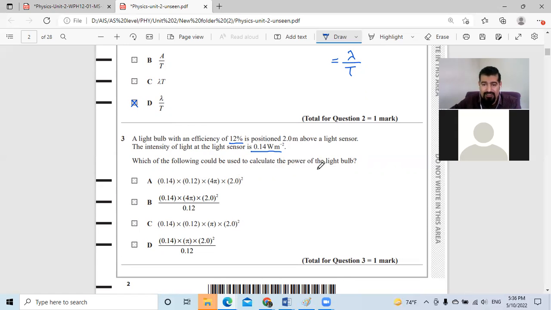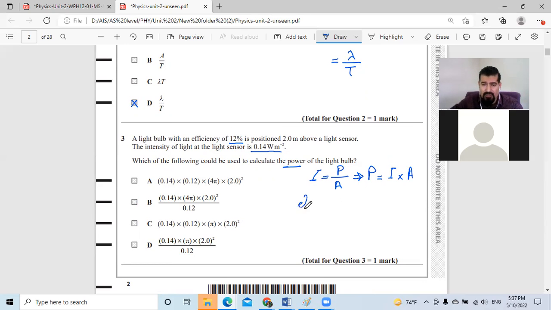We know that light intensity equals power over area. So power equals light intensity multiplied by area. But they say 12%, and they ask about the power of the bulb. So this power is the power output, not the power input.